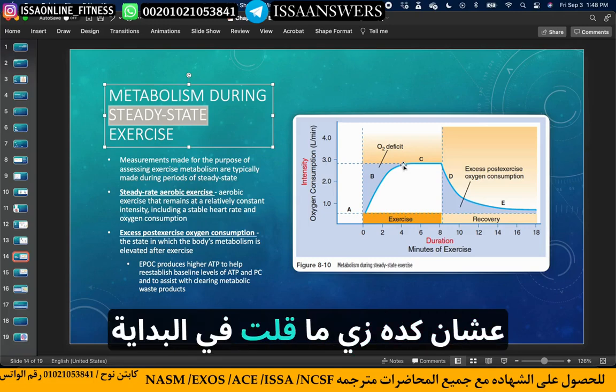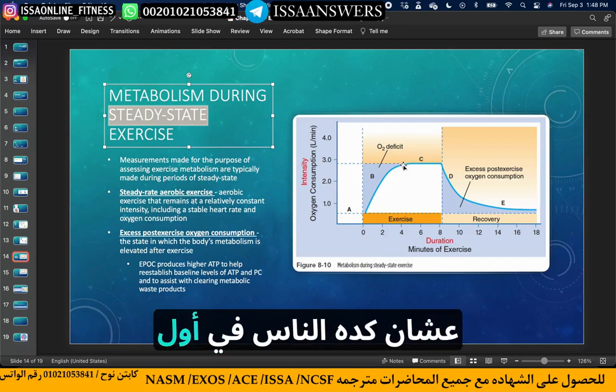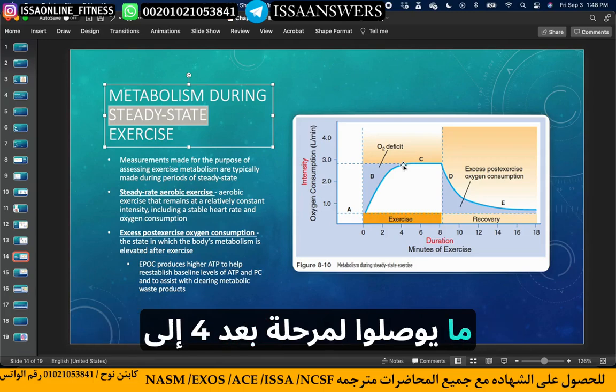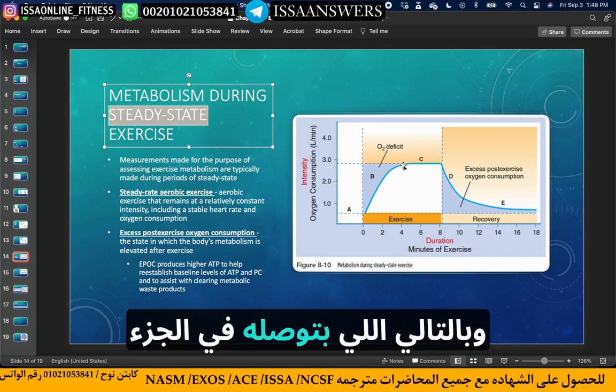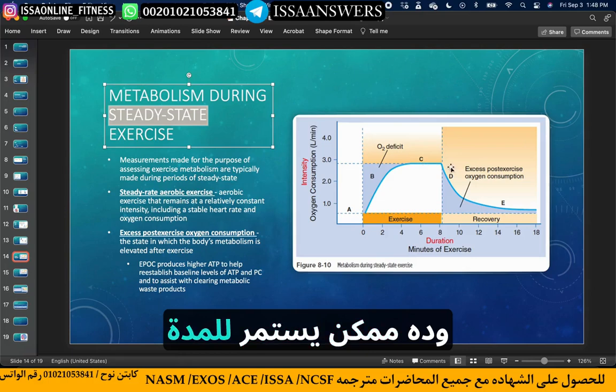That's why, depending upon your fitness level, people in the first 5 minutes or so don't always feel the greatest until they get past 4 to 6 minutes. And so what you end up with in the C part is your true steady rate, and that can last for as long as you need to go.